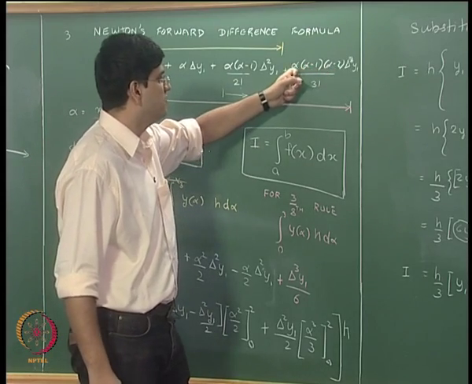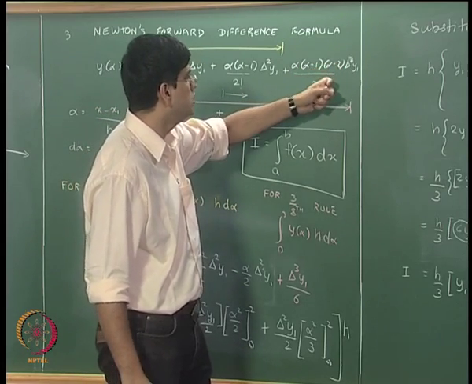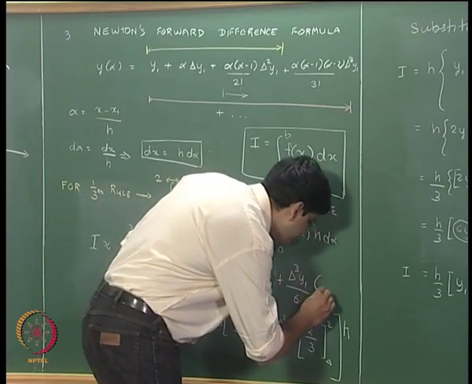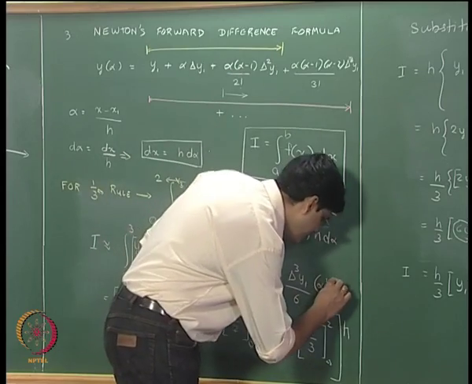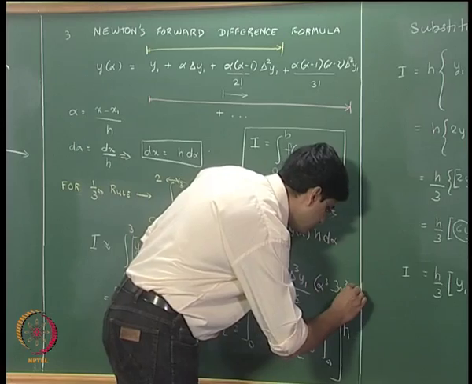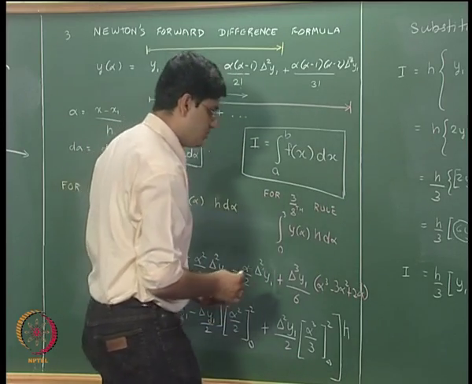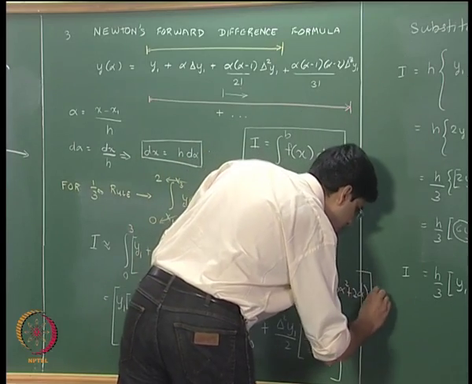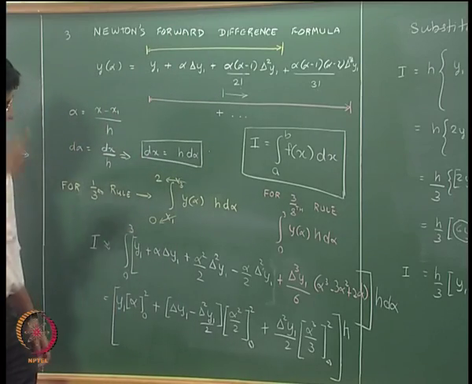So that is going to be alpha multiplied by alpha squared minus 3 alpha plus 2. So it is alpha cubed minus 3 alpha squared plus 2 alpha, okay, multiplied by h d alpha, okay.